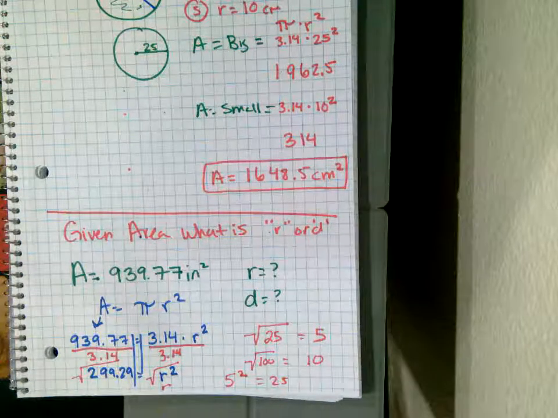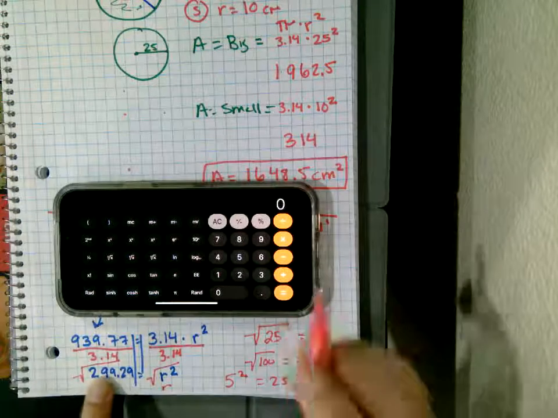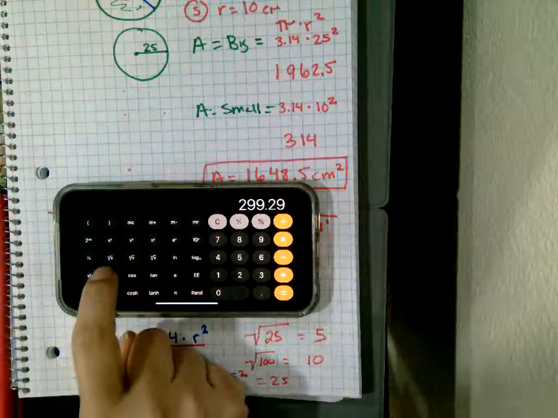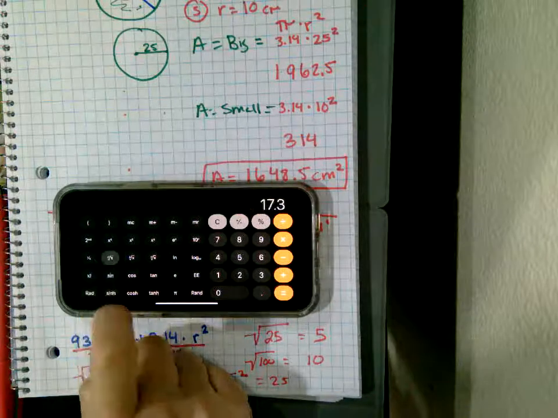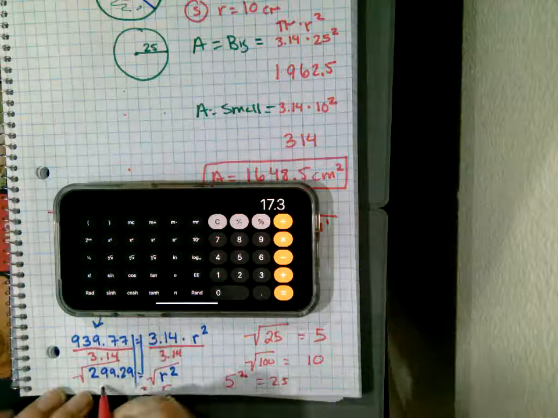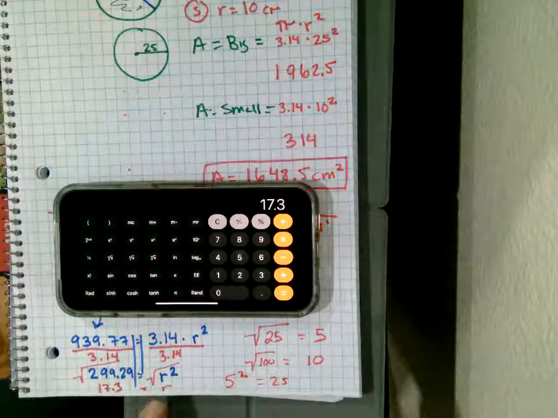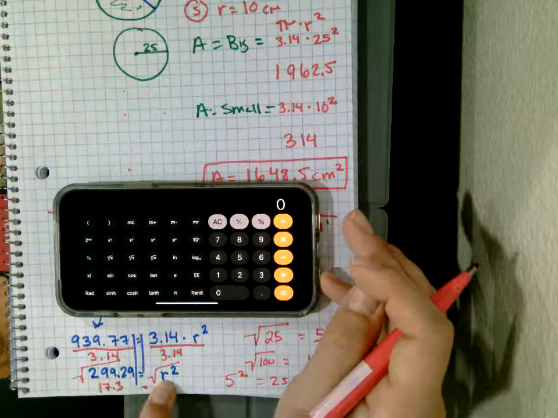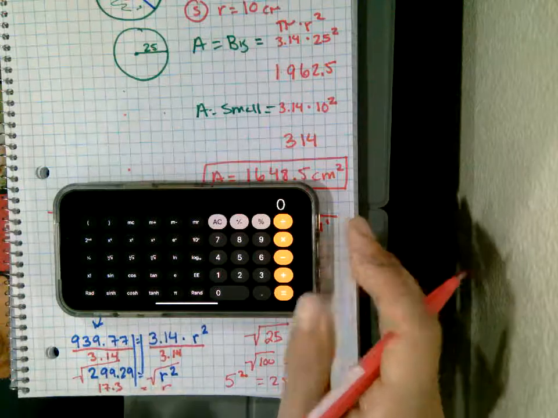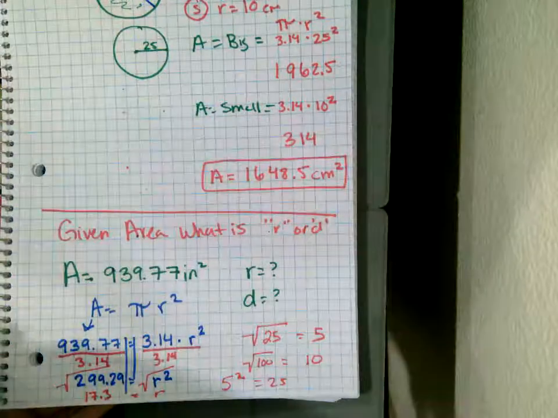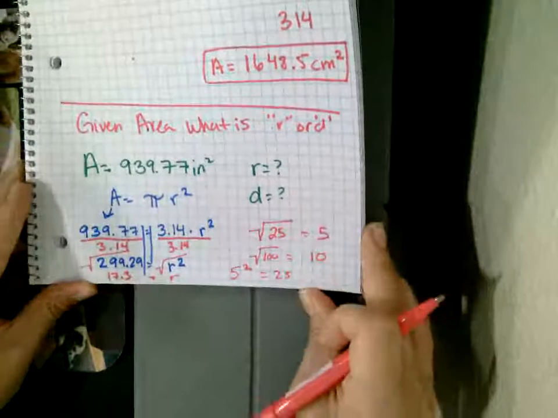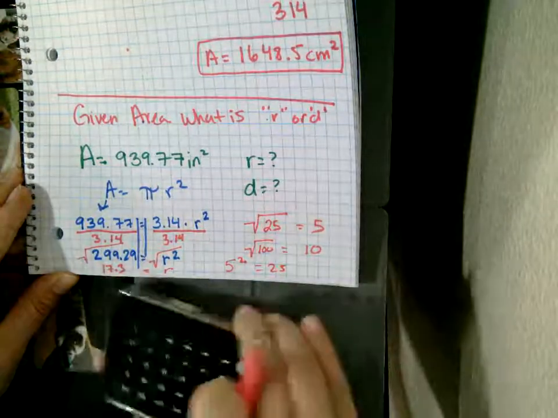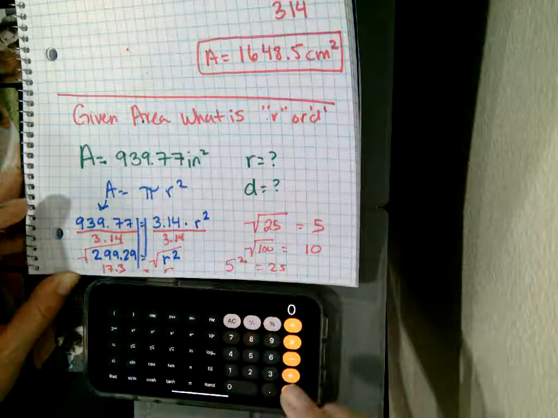All right, so I'm going to type in 299.29. Then I'm going to find the square root, which is over here with the little 2 there. And my answer is 17.3. So my radius is equal to 17.3. Again, how did I do that? I'm left with r squared, so I take the square root.